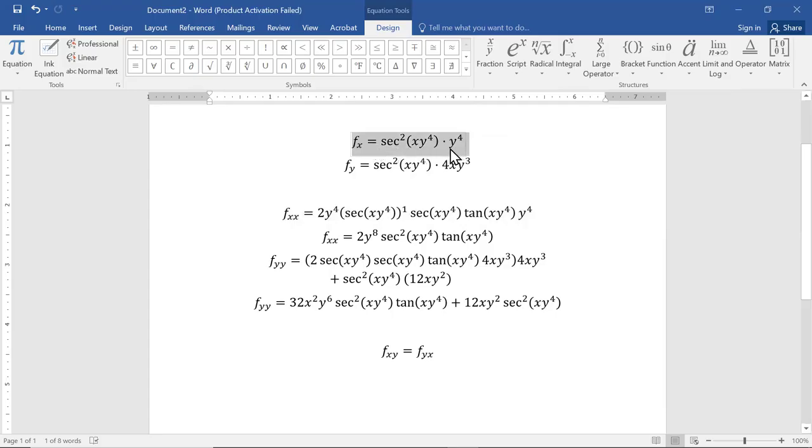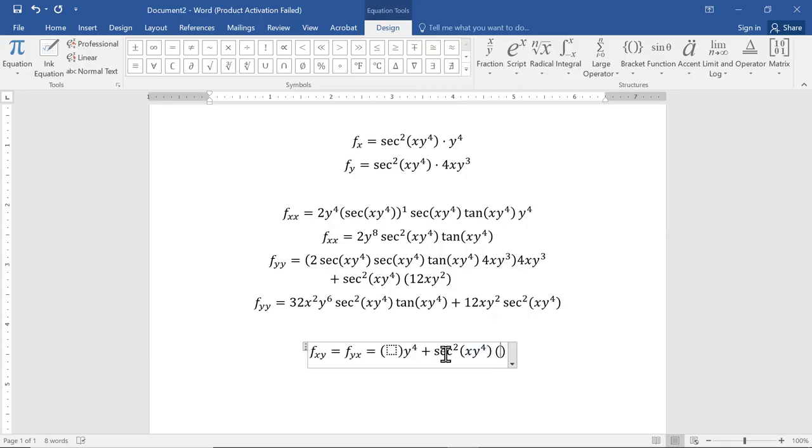I still have this product rule. So again, if I take my first component as secant squared, my second component as y to the fourth, product rule says I take the derivative of the first component times the normal second component plus the normal first component times the derivative of the second component.